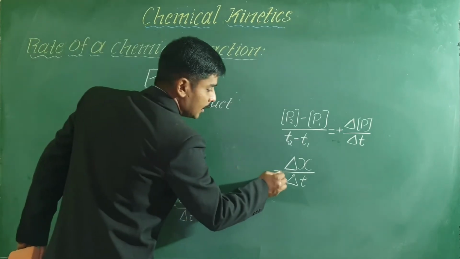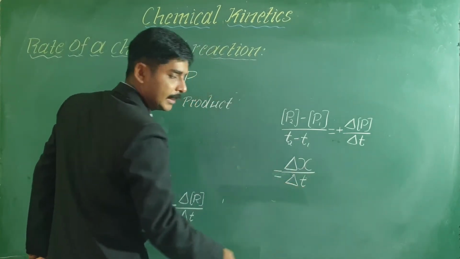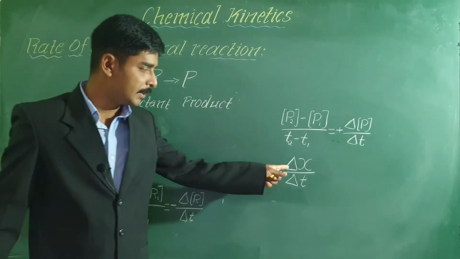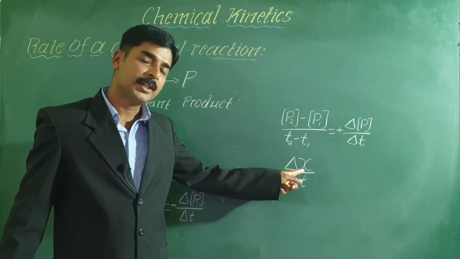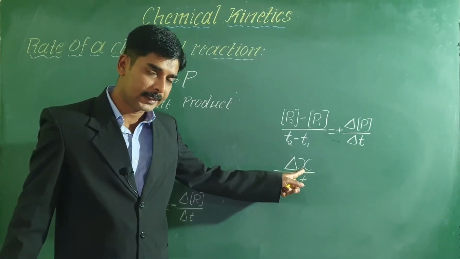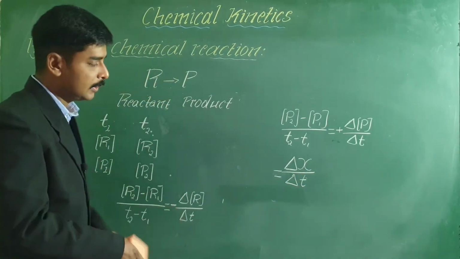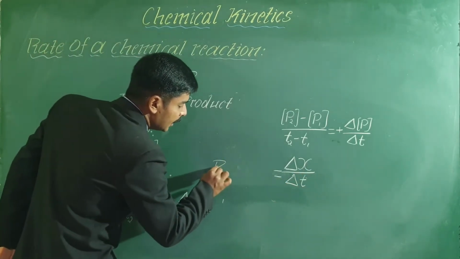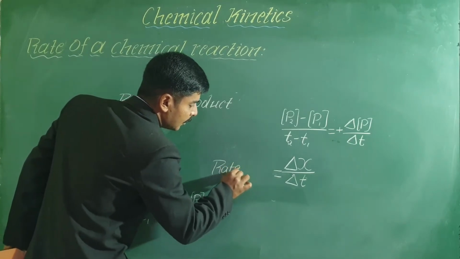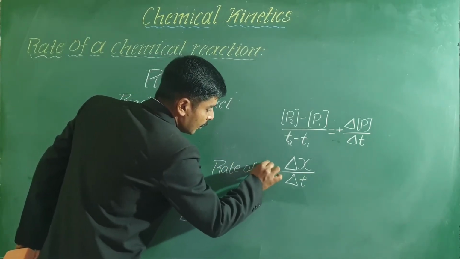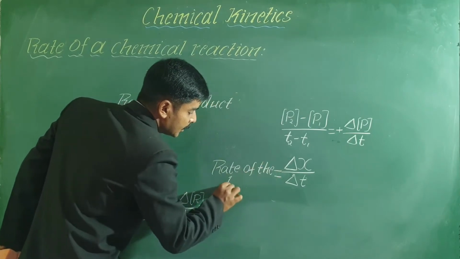So delta X by delta T, how will you read this? This is the change in concentration of any one of the reactants or products over a certain time interval, and it is called the rate of the reaction.